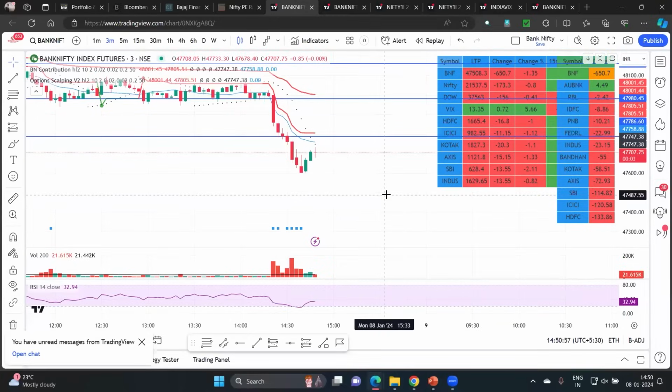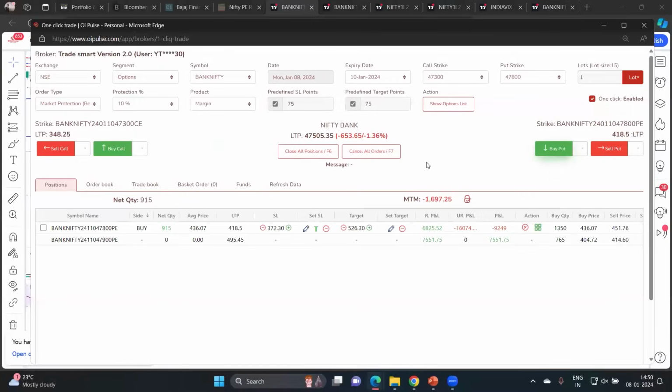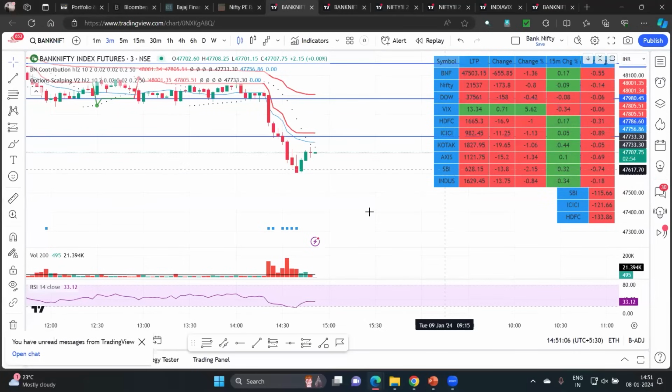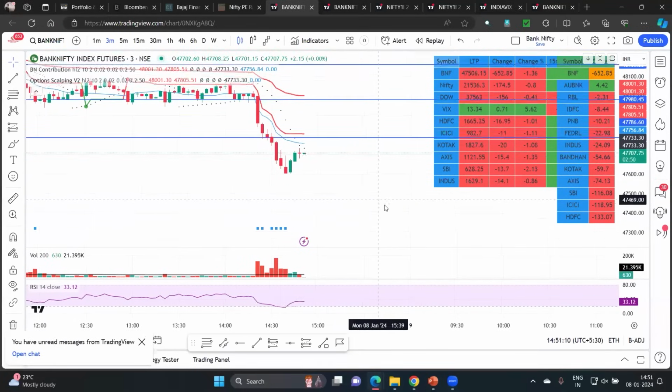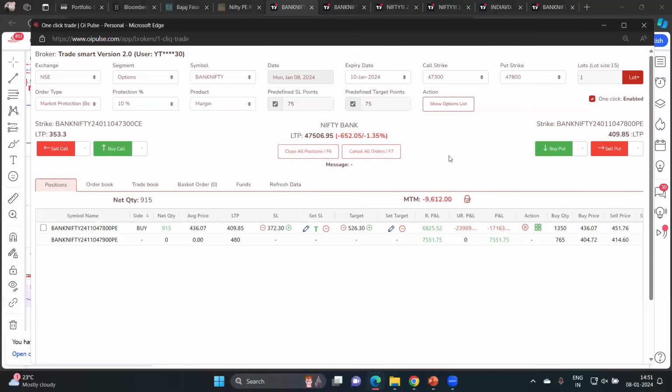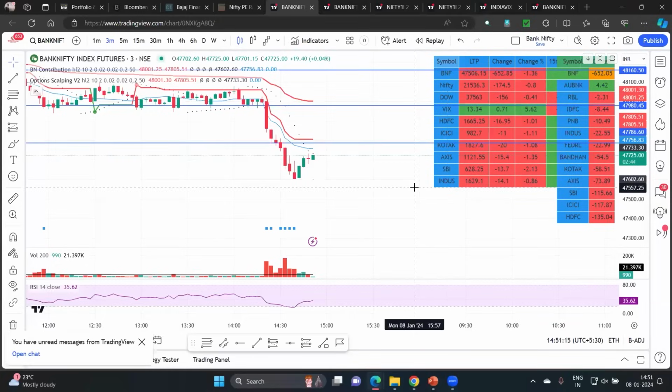Will they be able to take it one more level up? Or is there going to be a reversal from these levels? This is a candle which can tell you that they're making a move towards a high. Can they head towards a territory?